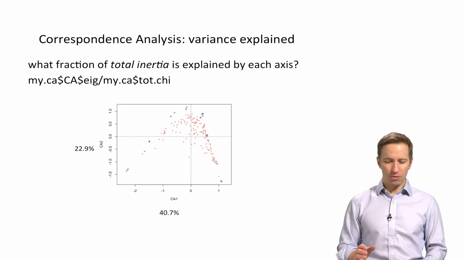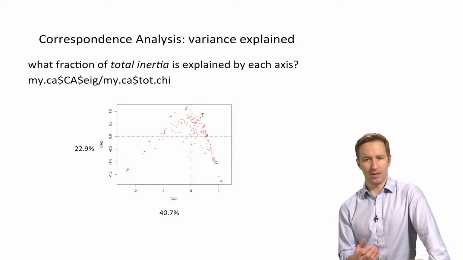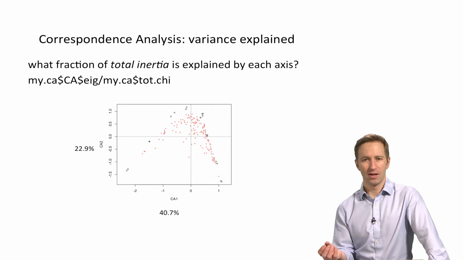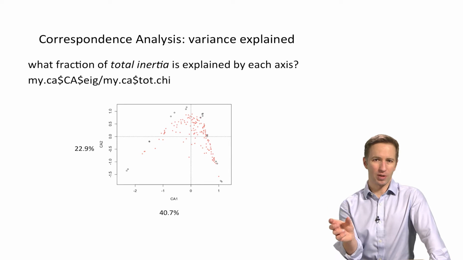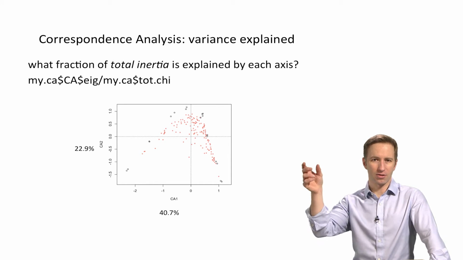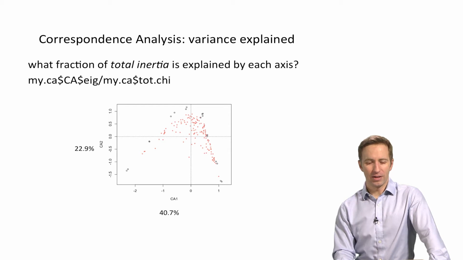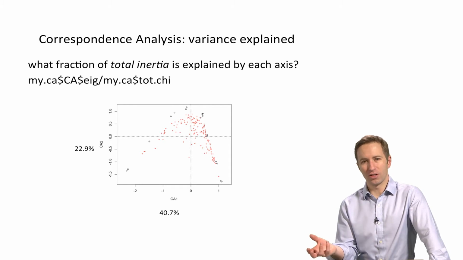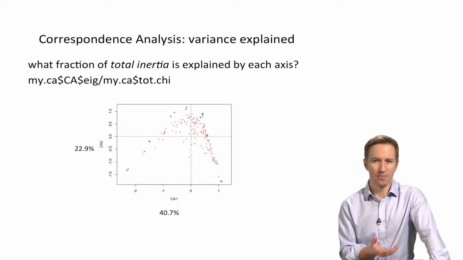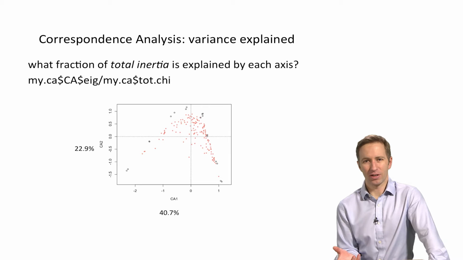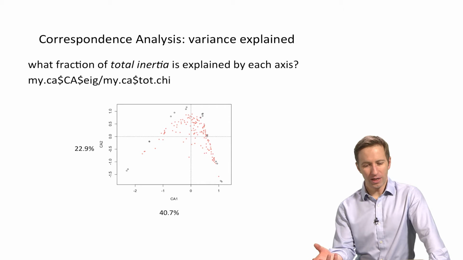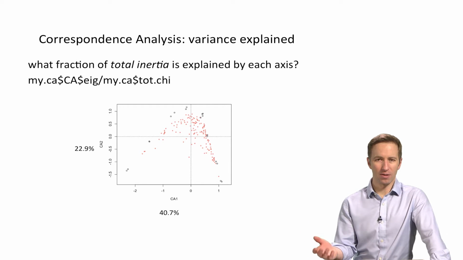Now, when you do one of these plots, you can ask the same type of question that some people have asked in principal coordinates analysis, where you want to know how much variance is explained in the first axis or the second axis, third axis, and so on. And it's still the case that it's not necessarily relevant. You might have more gradients in your data, so you can't explain as much on the first axis. Or maybe chi-square isn't as good a distance metric, and a better distance metric would allow you to explain less variation, but recapture something interesting biologically in the data.